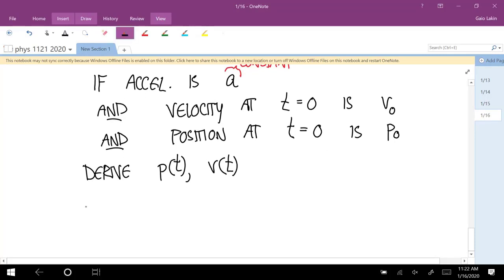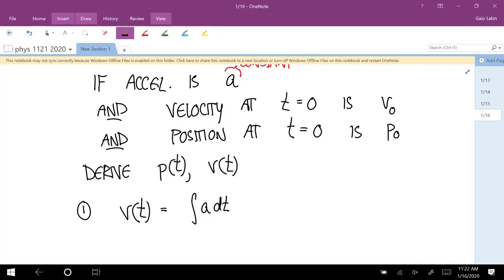So the first step, we know that the velocity is the integral of a dt. That's what we had before. The only difference is this time that a is a constant. We don't have to worry about that being a function.